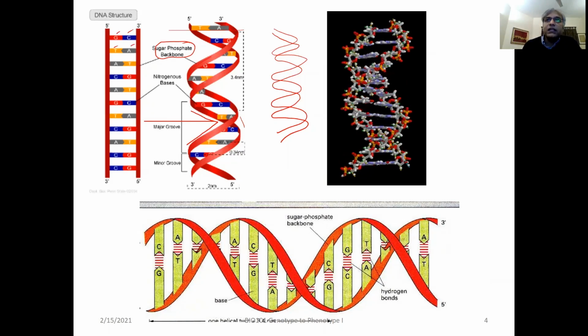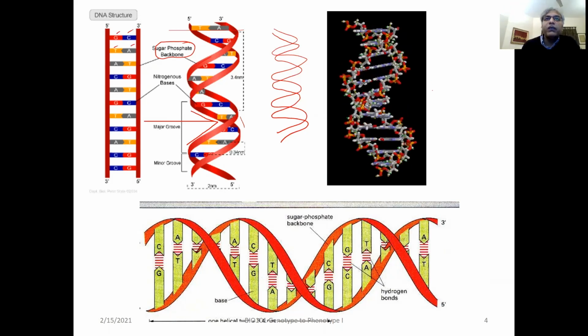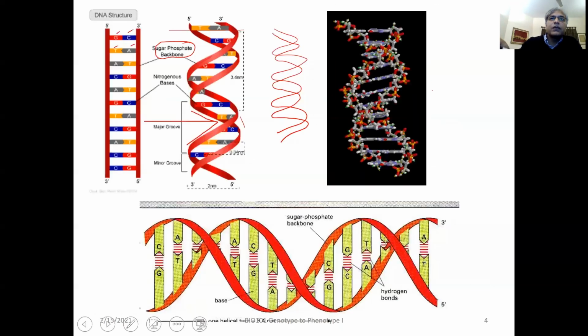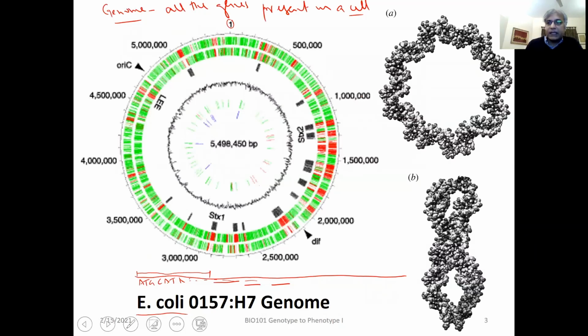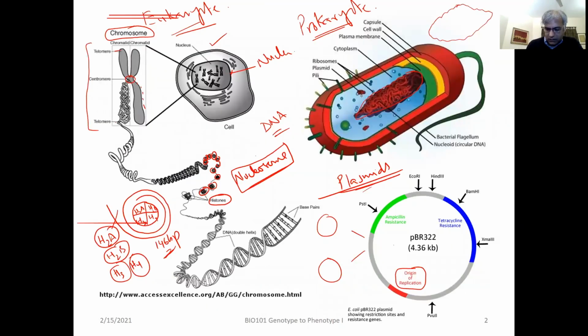These helical structures, if we try to see the size of the DNA present in a human cell, let's say, if we take all the DNA on all these chromosomes, we linearize this DNA in a single cell, the length is 2 meters.